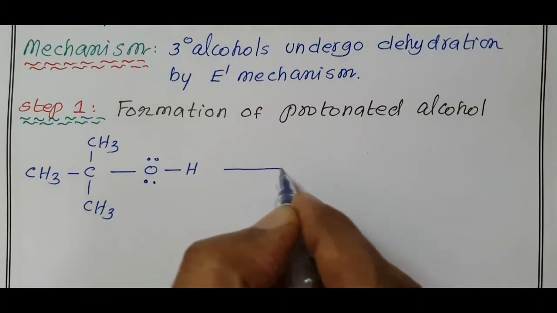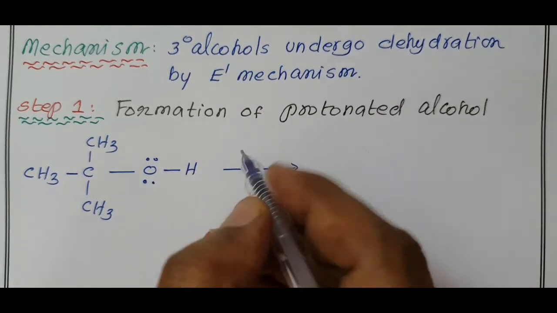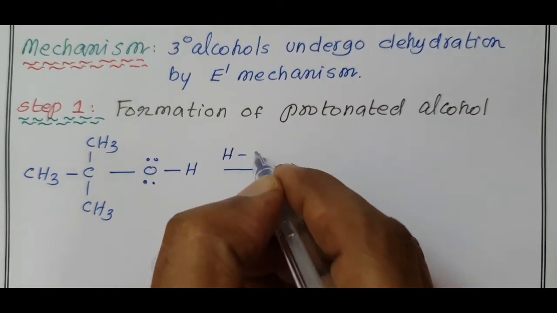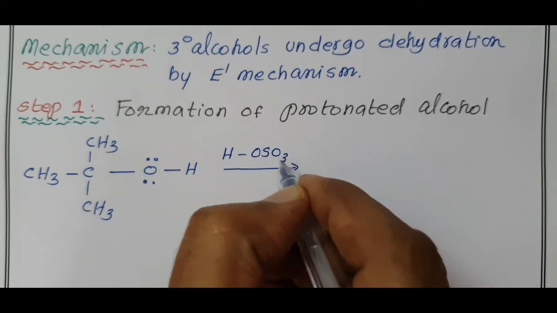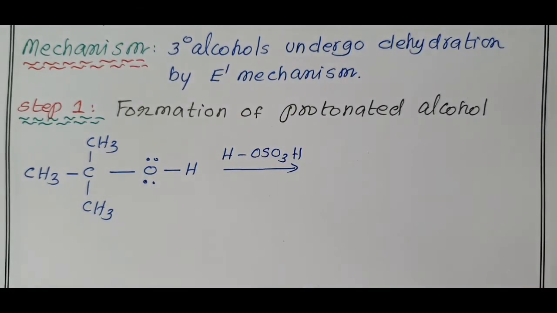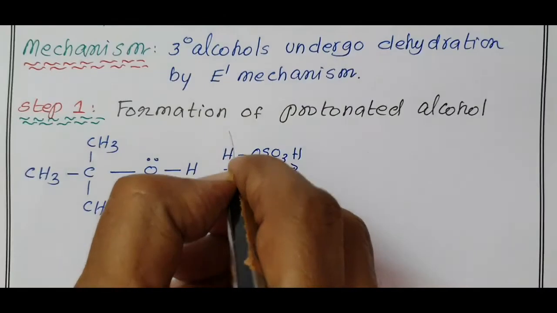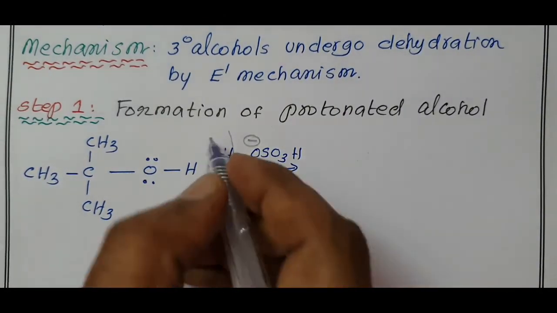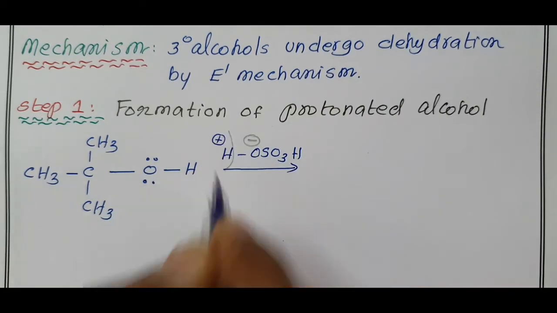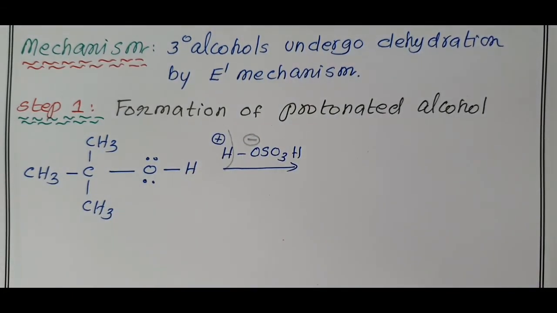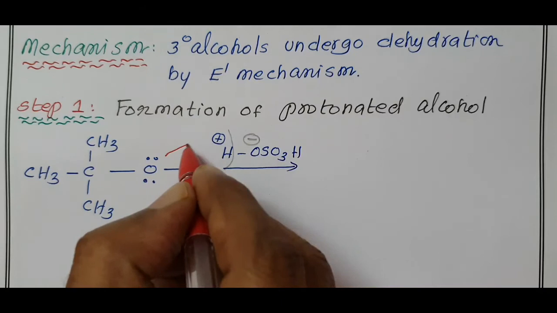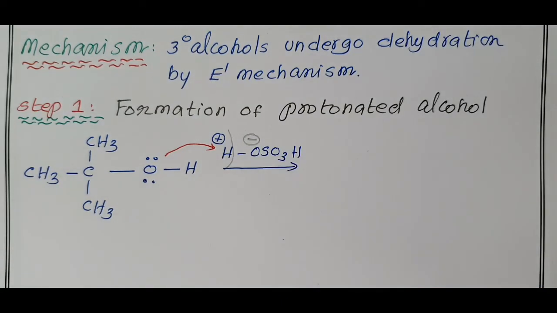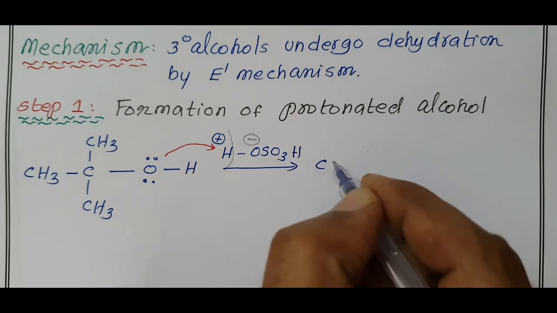When heated with sulfuric acid, HOSO3H, one H becomes an H plus ion and the other part becomes a negative ion. Now, oxygen donates a pair of electrons to the H plus ion, thereby a new bond is formed between oxygen and hydrogen.